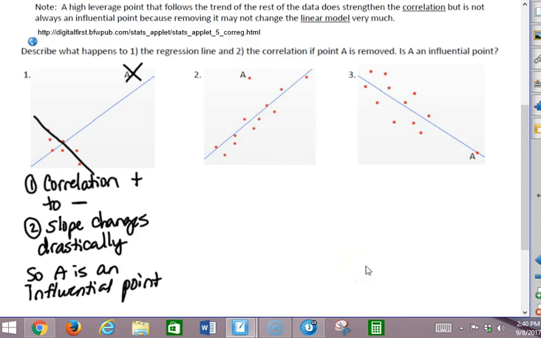So if we remove this, this is directly above x bar, or at least close to directly above x bar. So when we remove A, the correlation strengthens. Now that doesn't make it an influential point.